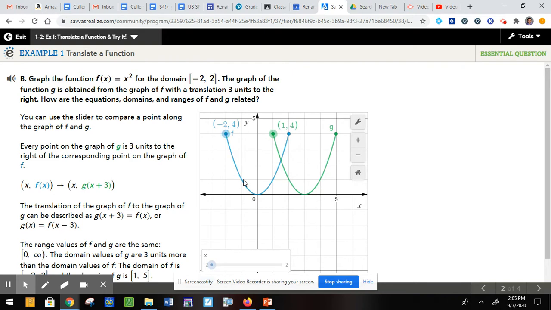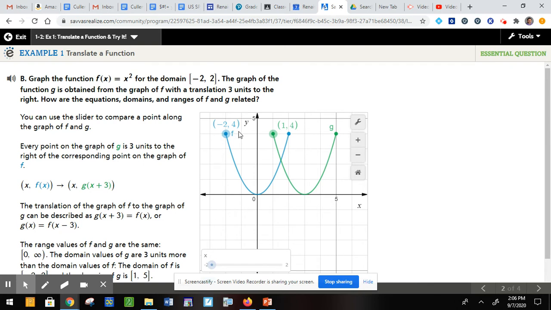So here again, we can see the exact same f function that we had in the last part of the example. The g function is 3 to the right. So every point is 3 to the right. Notice how here, it's the y values that are the same, but it's the x's that are different.